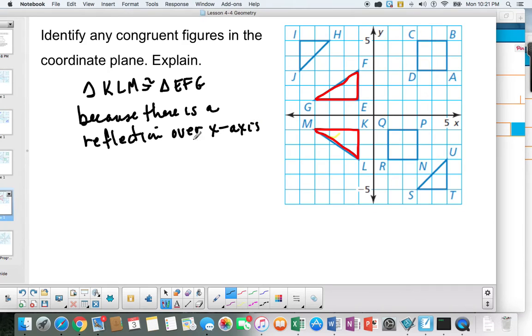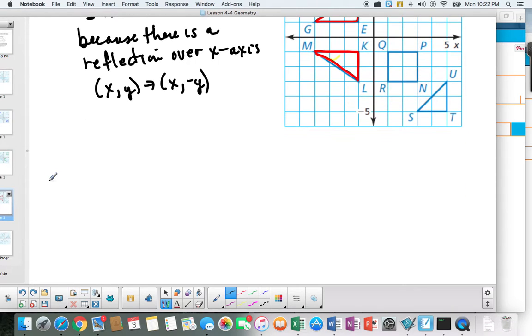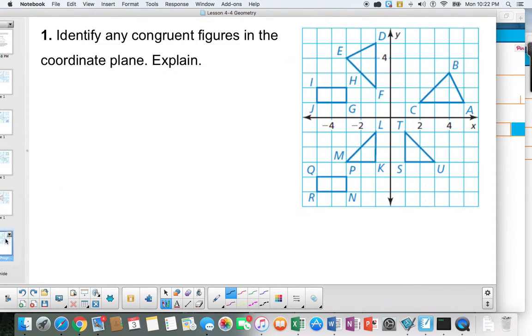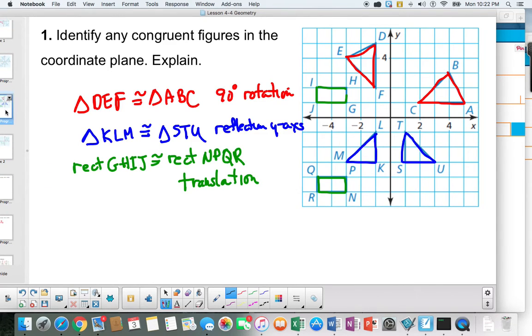And if we want to write the rule, x comma y maps to x comma opposite of y. Again, the figures are congruent because we can find a rigid motion that maps one figure onto the other. Okay, stop the screencast and see if you can do this. Okay, and these are the congruent figures, and these are the reasons why they're congruent.